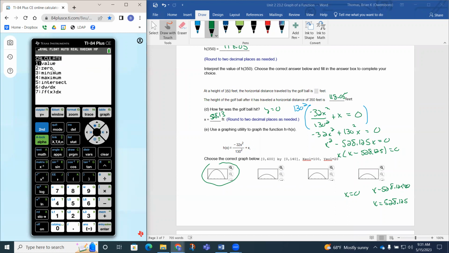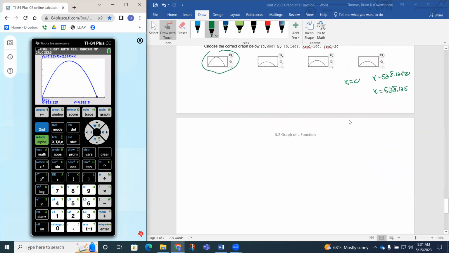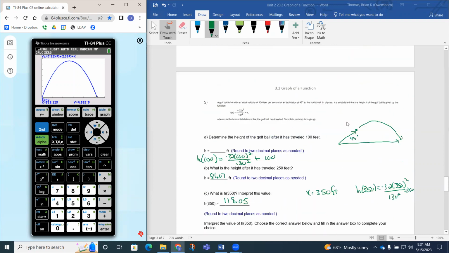An x-intercept is also called a 0, so if I choose number 2, go left of that, hit enter, go right of that, hit enter, and enter a third time, notice it does give me 528.125, which rounds to 528.13. That gives us the same thing as algebraically, so we can also do it graphically. Okay, so that's question 5.